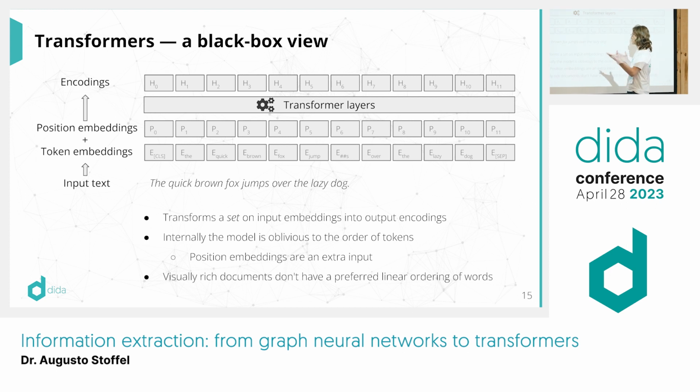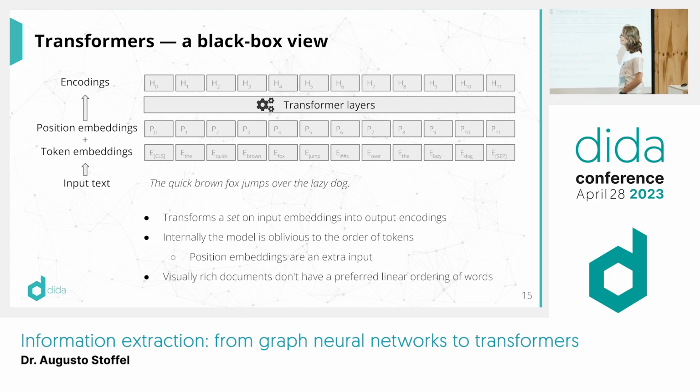If we want to do part of speech recognition, so say figure out what the nouns are in here, then again we do some linear classifier over the corresponding token encodings. Okay. Now, what I really want to emphasize here is that the transformer transforms a set of inputs into outputs. It's not really a model for sequences.